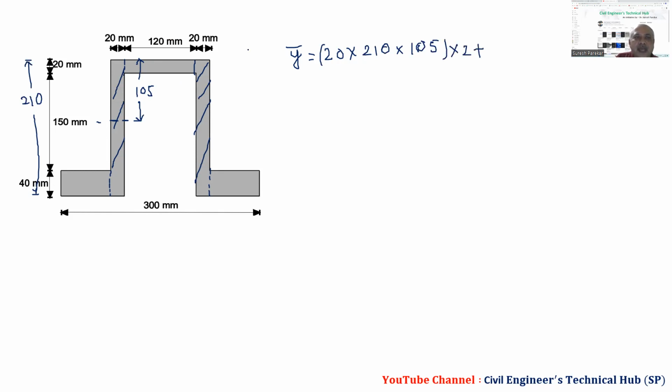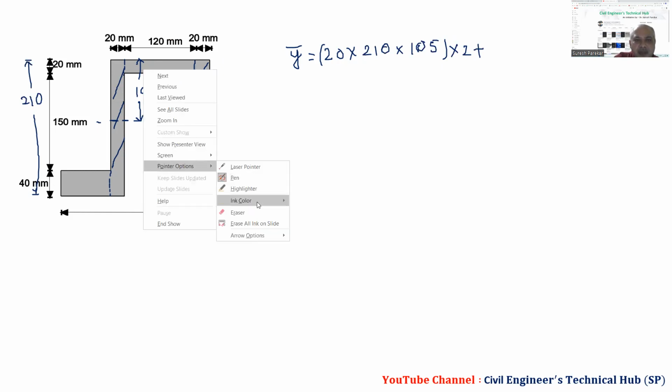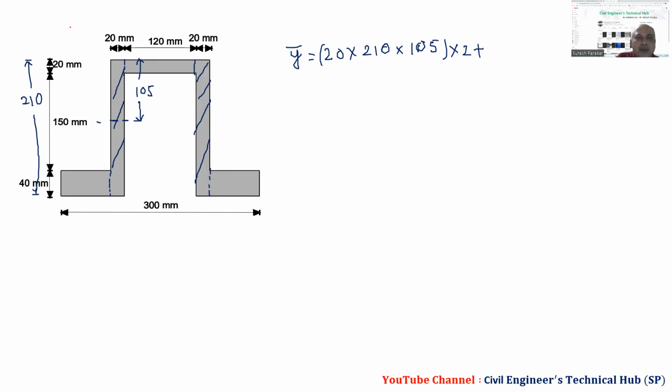Plus, then we have the second, this 120 portion. So I will mark it with another color. So we have this one, 120 and 20. So we have plus. I will write with the same color so you will understand it. So we have 120 into 20, and from top its centroid is at 10.